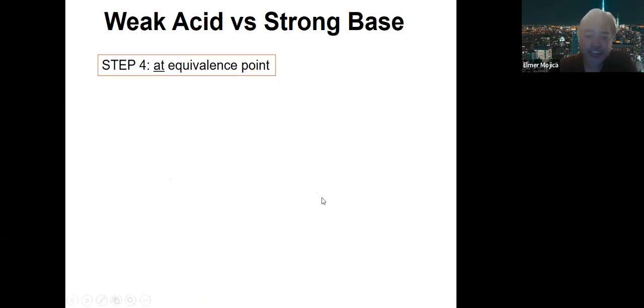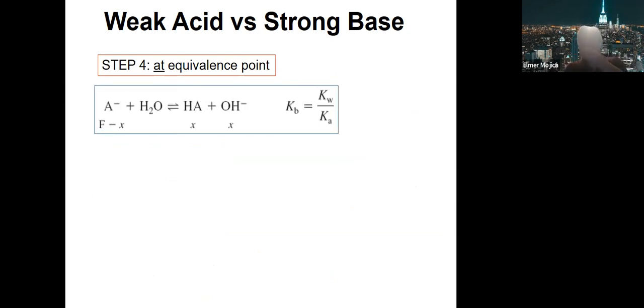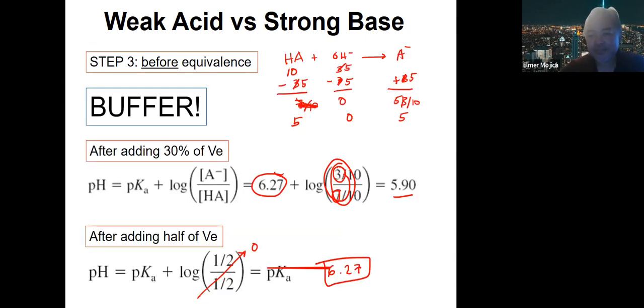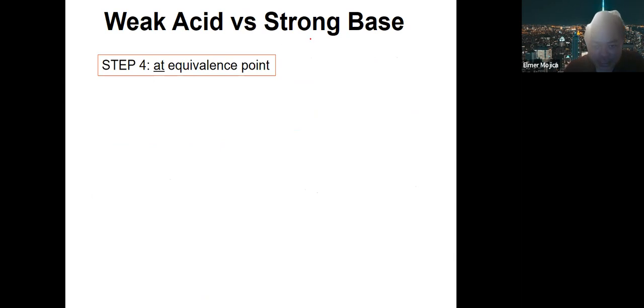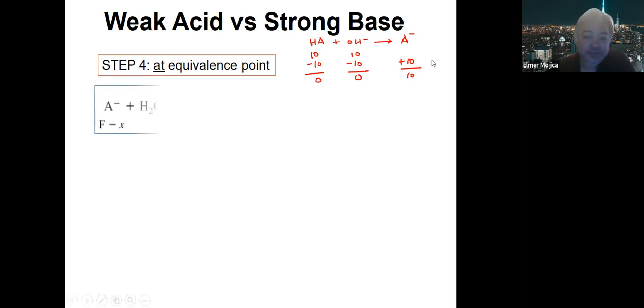Now at the equivalence point, that's where they're equal. So what will happen here? If we have HA plus OH minus producing A minus, this is 10. So if you say equivalence point, this is also 10. So what happened here? Minus 10, minus 10, but this now becomes plus 10. So you don't have HA here, you don't have OH minus here, but you have your conjugate base that forms.